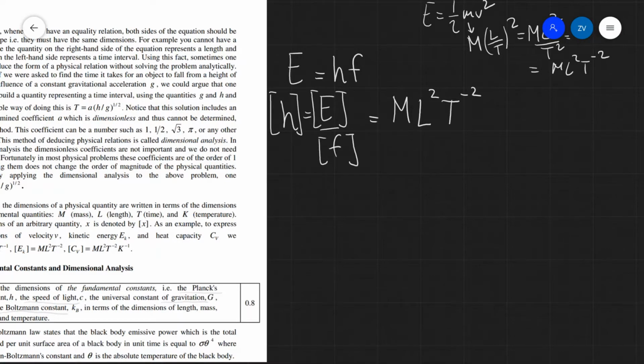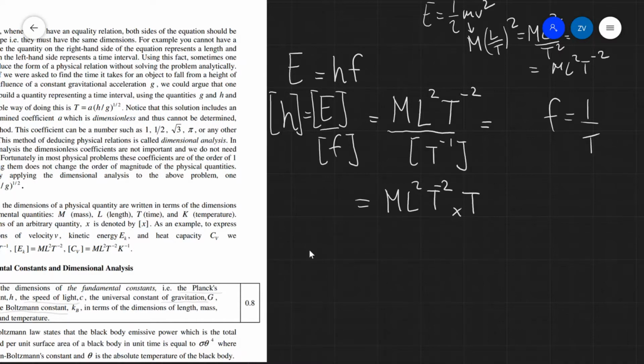So I have the units of energy, and I just need to divide them by the units of frequency, which are T to the power of -1, and this is because frequency is 1 over the time period. So mathematically this is going to give us M L squared T to the power of -2 times T. So this means that the units of Planck's constant are M L squared T to the power of -1.